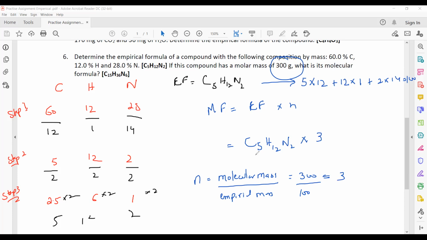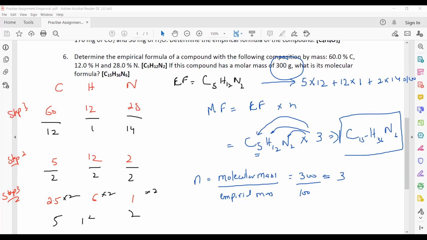So this 3 is multiplied with carbon, multiplied with hydrogen and multiplied with nitrogen. So 3 multiplied by 5 is 15, hydrogen 12 multiplied by 3 is 36, and nitrogen 3 multiplied by 2 is equal to 6. So that is the molecular formula of this compound, C15H36N6.